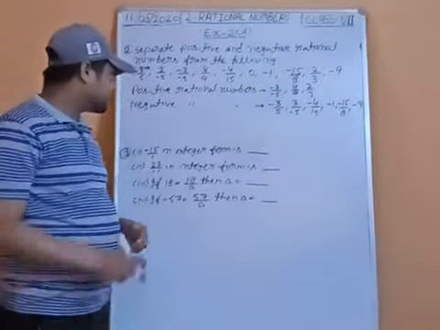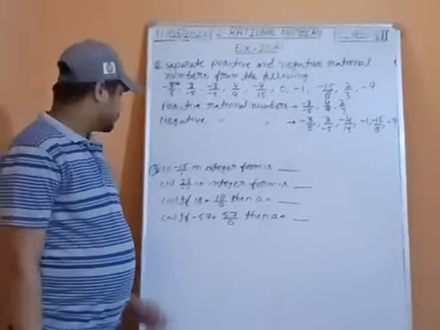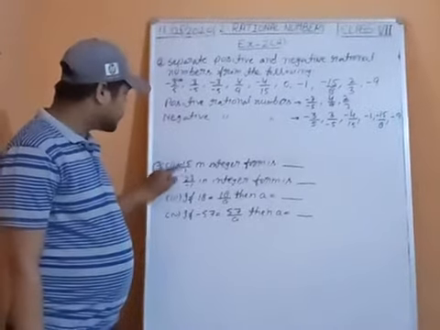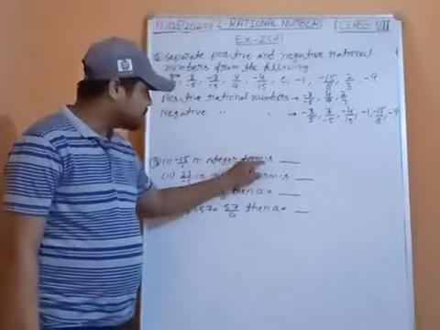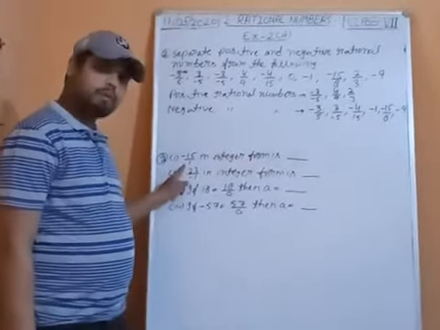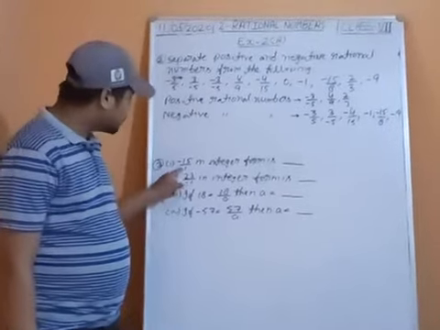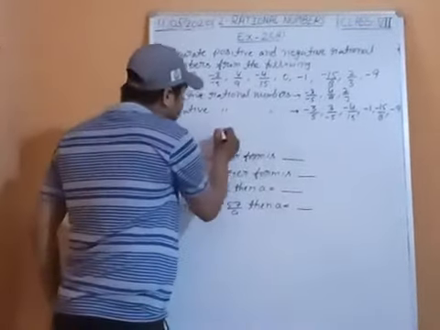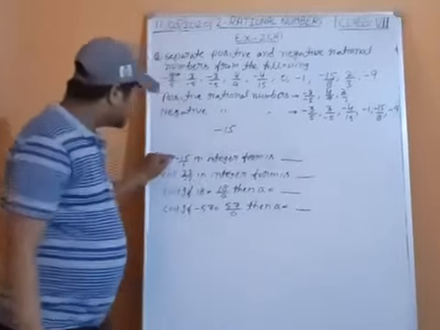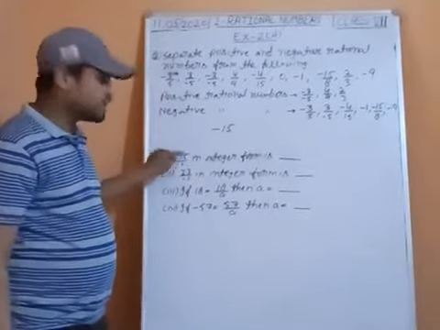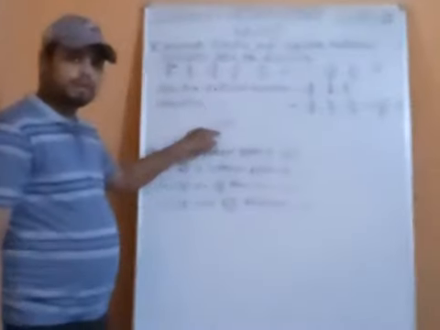It is a fill up type of sum. So third sum, first part is minus 15 upon 1 in integer form is. It is in rational number form. So when we convert this into integer form, it will come minus 15. See, minus 15 upon 1, we can write minus 15. 1 is understood here.